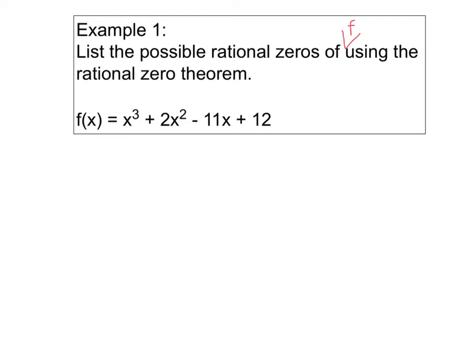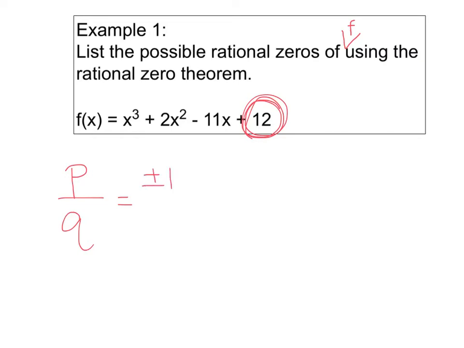So for this first example, to find our possible rational zeros, we're going to start with the factors of the constant term. That's what this P stands for. So we're going to look at this 12, and we're thinking of all the factors of 12. Well, we have 1 and 12, and we have -1 and -12. So on all of these, I'm going to use a plus or minus.